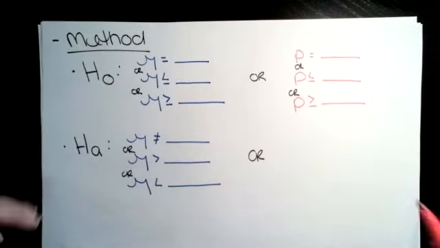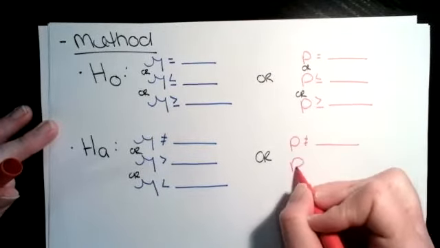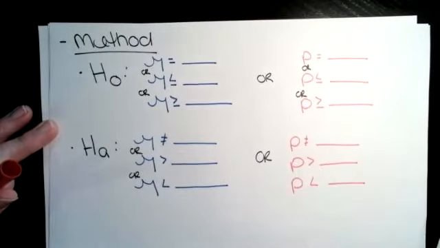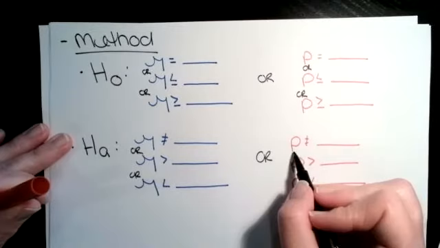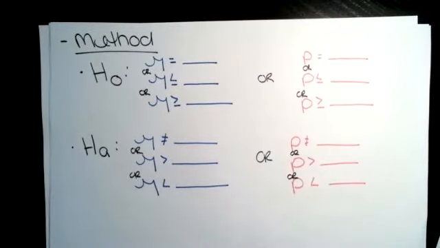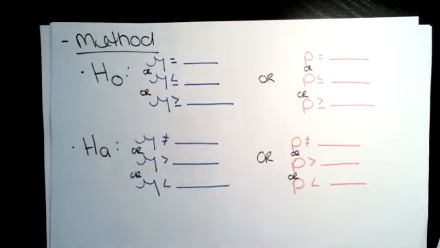Or I would have P is not equal to some value. Or P is greater than, or P is less than some value. Right, the or is in between, so we understand it's only one. So I only have one thing for my null and one thing for my alternative. These are just the differences, right?